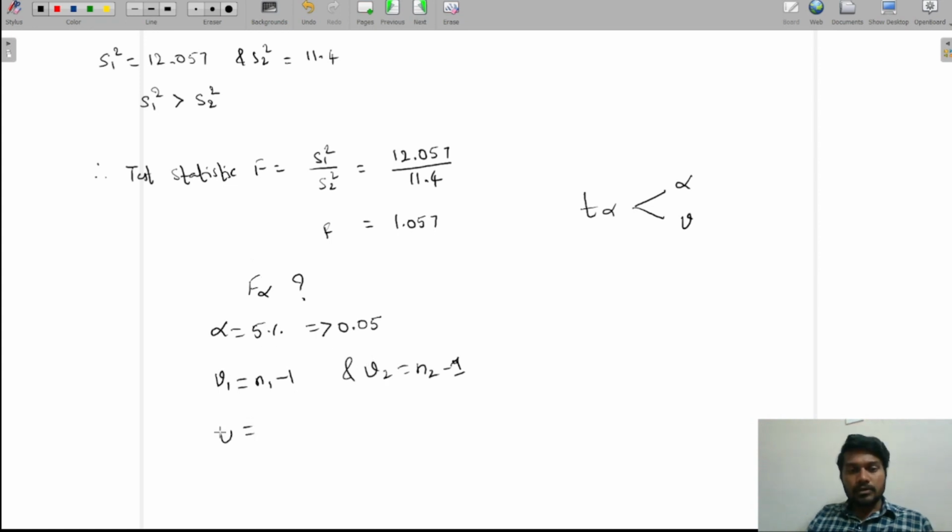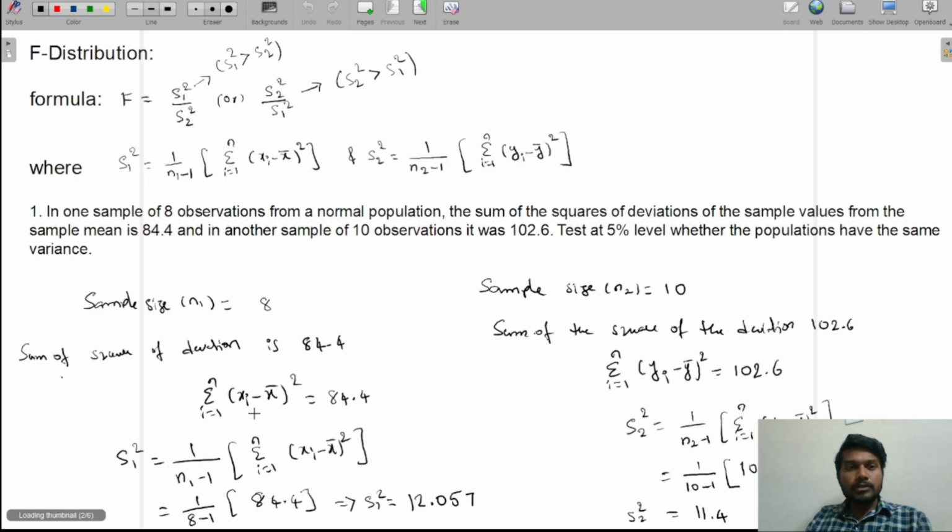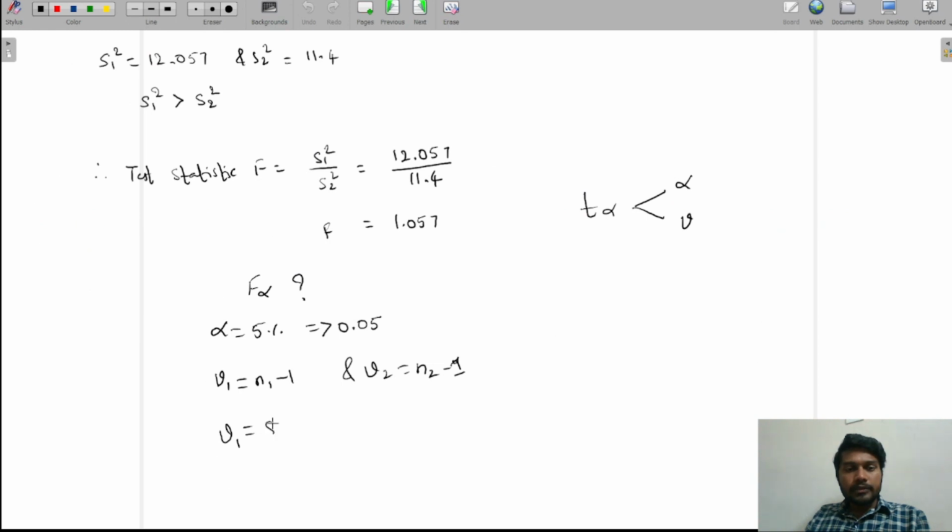So nu1 equal to n1 minus 1. So here n1 value is 8 and n2 value is 10, right? So 8 minus 1 equal to 7 and nu2 equal to 10 minus 1, it is equal to 9. So this is the value of nu2 and this is the value of nu1, right?